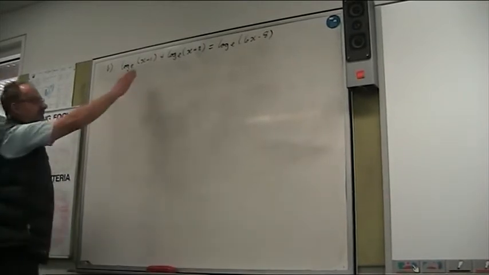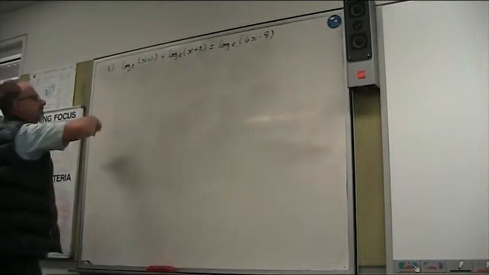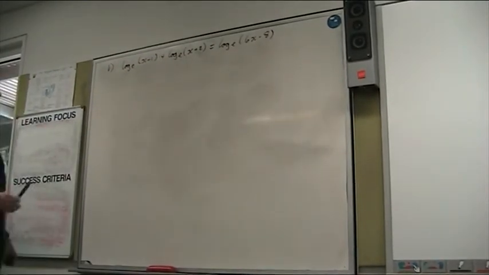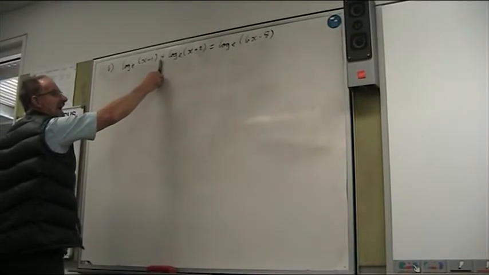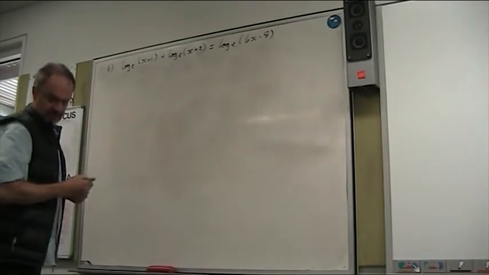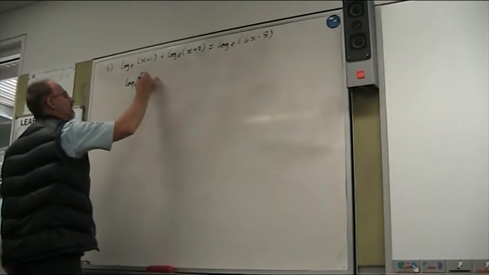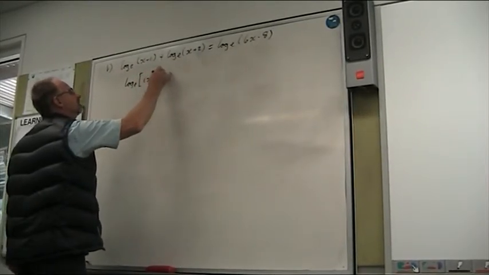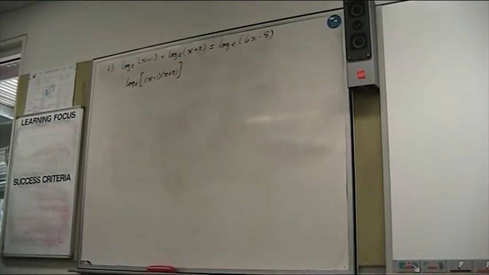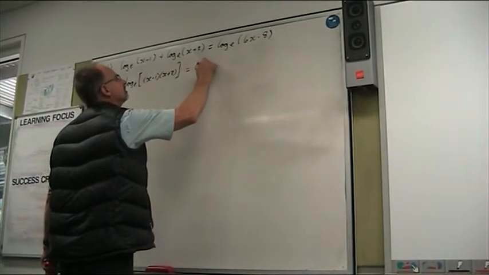All right, on the left here we've got 2 terms, on the right just 1. So it'd be good if we could combine that as 1 term, which we can. When we are adding logs, same base, times. All right, so log to the base e of, and I'm just going to use a square bracket to highlight, we're timesing those 2 things together. x squared, take 2x, take 2.